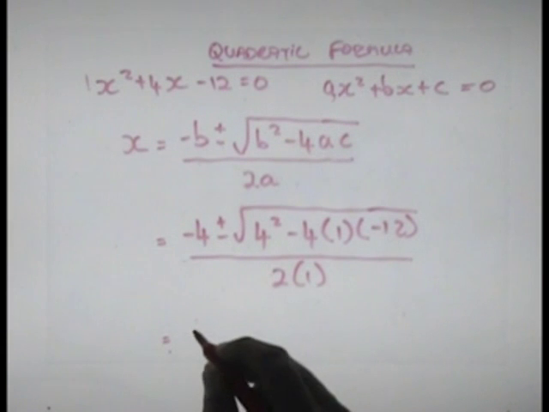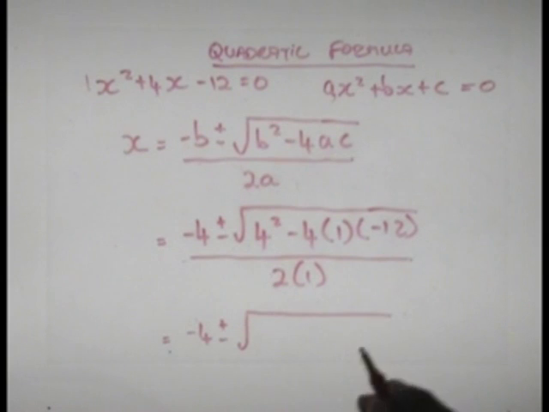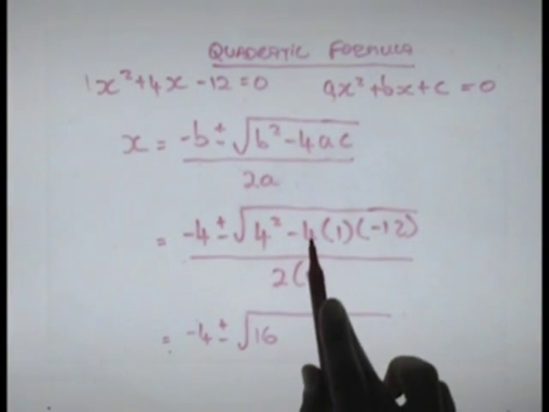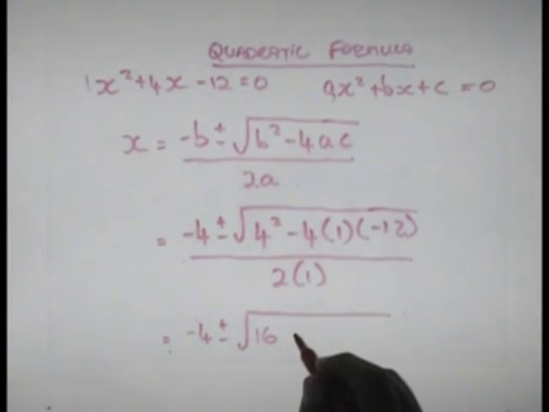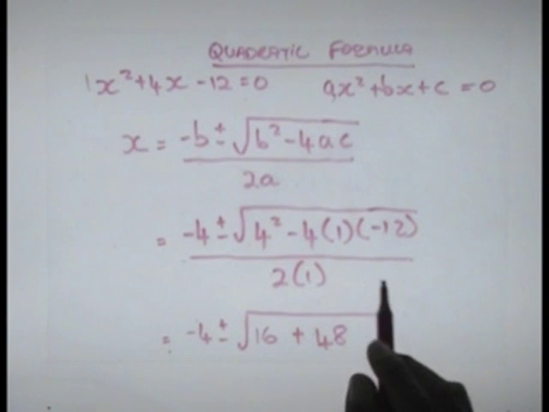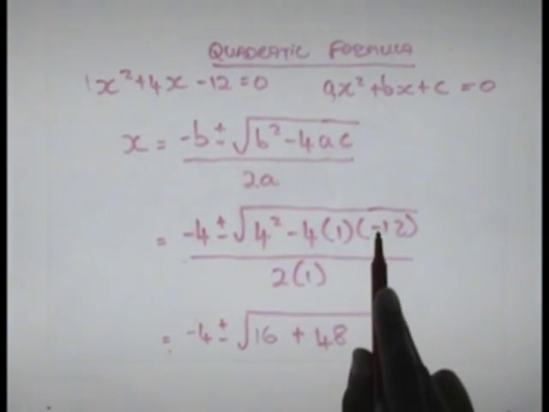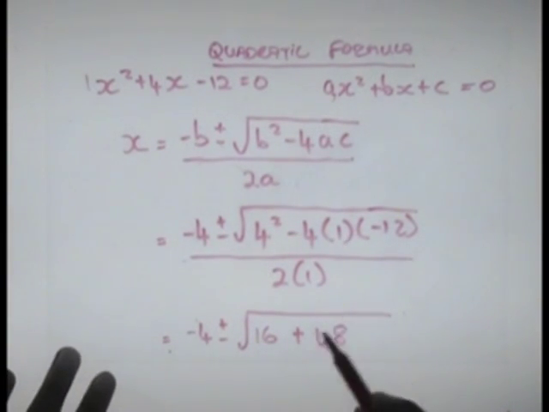This will equal minus 4 plus or minus the square root of 4 squared, which is 16, minus 4 times 1, which is minus 4, multiplied by negative 12, which is going to give me positive 48. 12 times 4 is 48, negative times a negative is positive, times 1 is just 1.